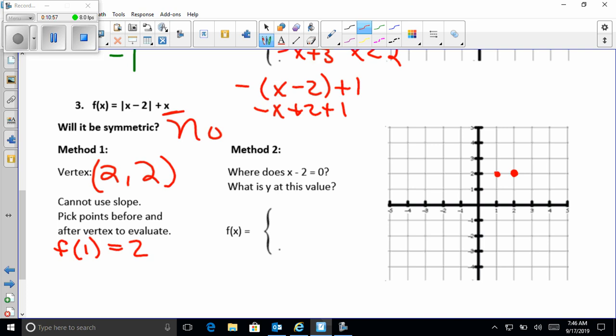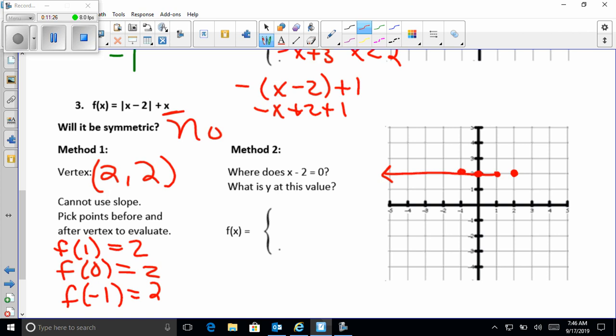And then I'll try another point before there because I'm still not sure what's going on. I'm going to plug in 0, and I get 2. So it's looking like it's going this way, that vertex. You're not 100% sure, so you plug in another point, f of -1, just to make sure. Plug that in, and I get 2.